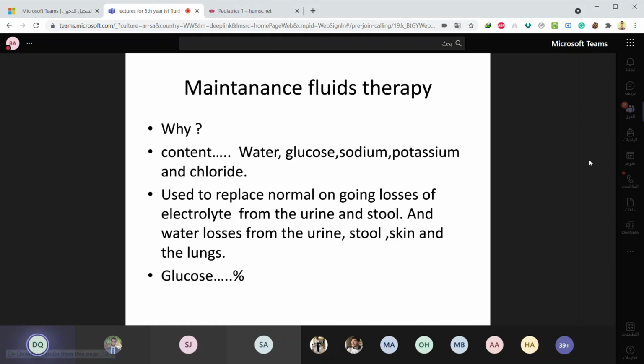Maintenance fluid is used to replace normal ongoing losses of electrolytes from the urine and stool, and water losses from urine, stool, skin, and lungs. We also add glucose in different percentages, 5, 10, 12.5% of glucose to maintain glucose level and prevent hypo or hyperglycemia.